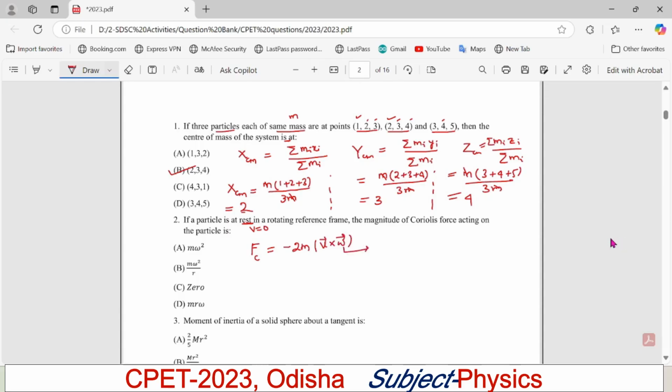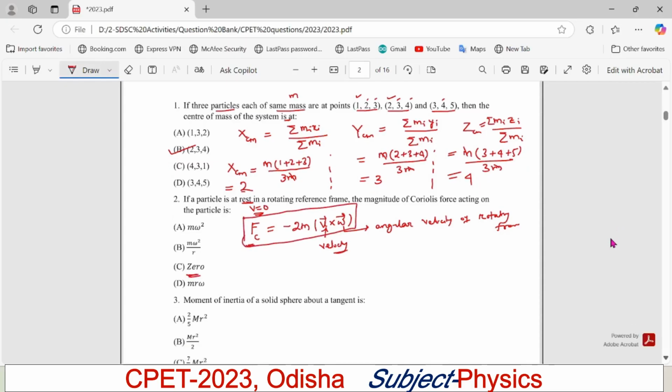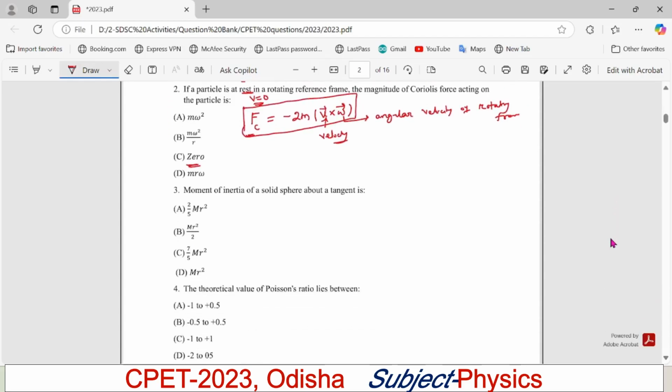This is the angular velocity of rotating frame, and this is the velocity of the particle. So here velocity given as 0, so Coriolis force will be 0. I suggest you just remember this expression, okay, for solving the other numericals.